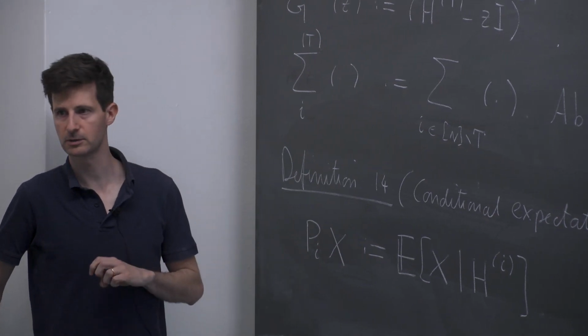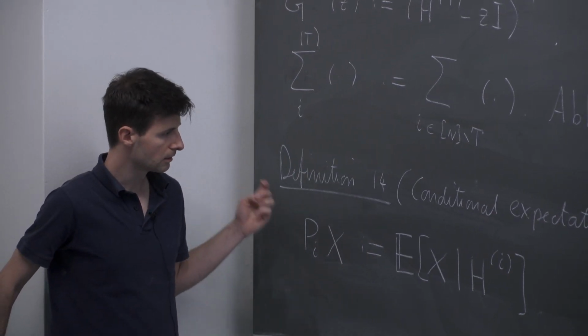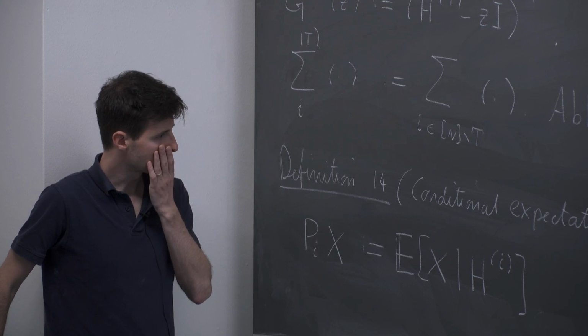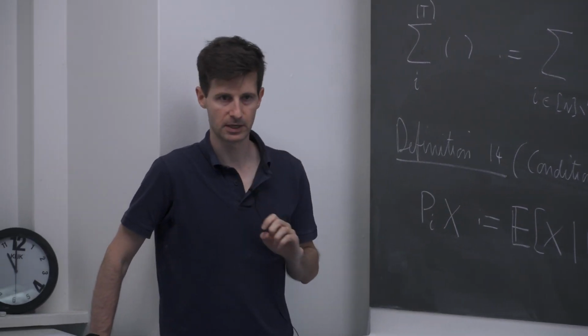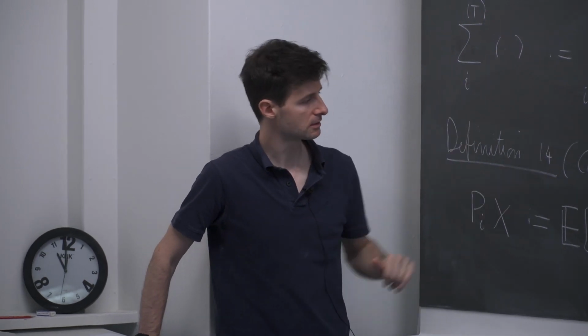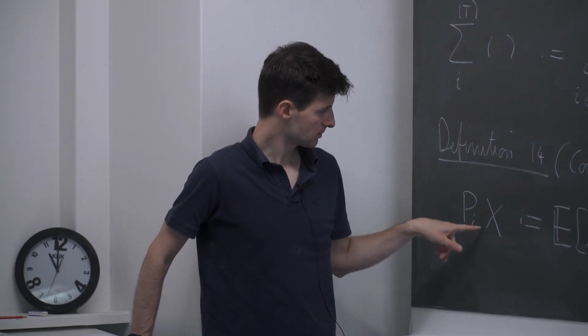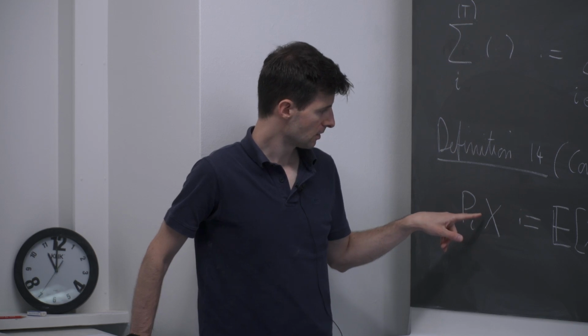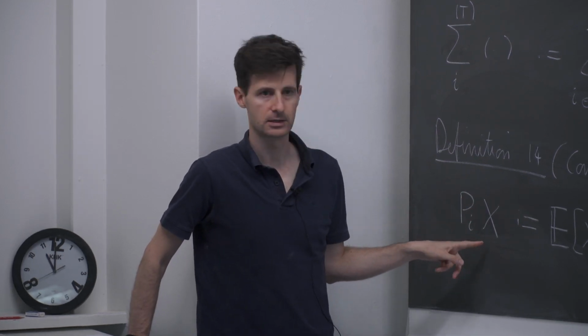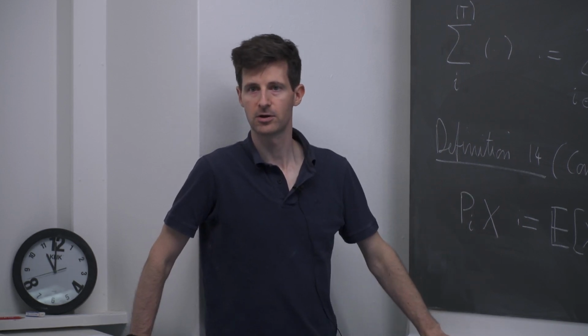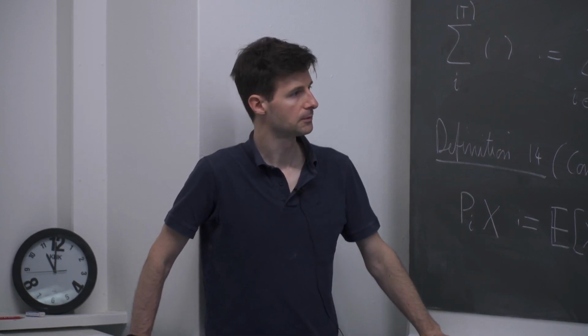Now, if you know conditional expectations, this is, in some sense, a very easy version of conditional expectations because everything is independent. So if you know conditional expectations, you know that this Pi acts on a random variable and gives you a new random variable, and it's an orthogonal projection, so Pi squared is equal to Pi, and it's orthogonal in the L2 space of random variables.